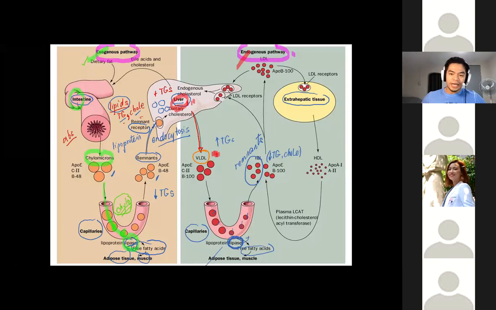So continue natin. And then, meron na namang lipoprotein lipase until such time na ang triglyceride component ng lipoprotein naubos na. Pag naubos yon, ang tawag natin sa cholesterol-containing lipoprotein ay LDL na.